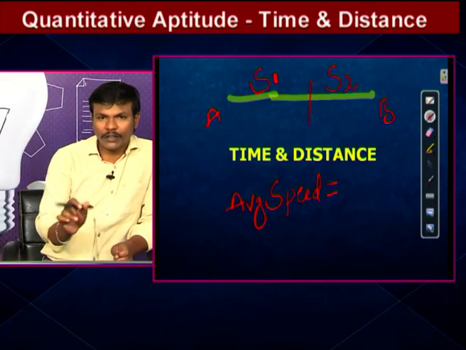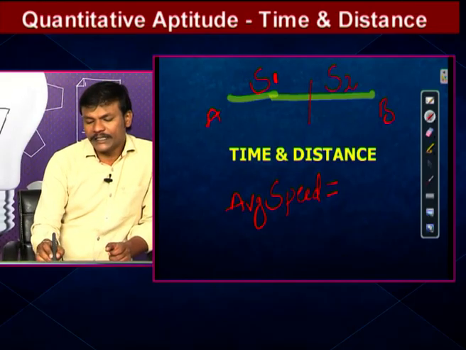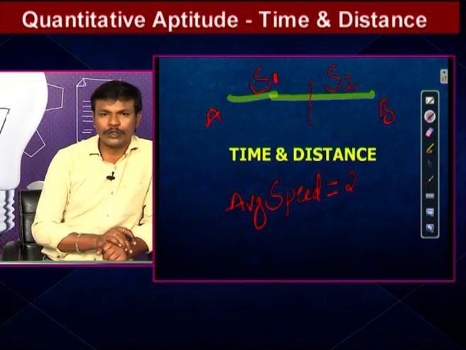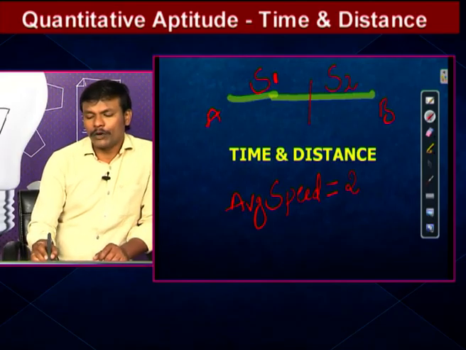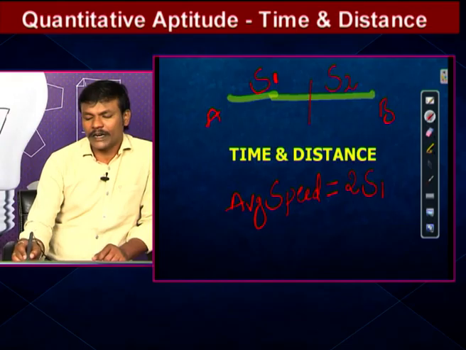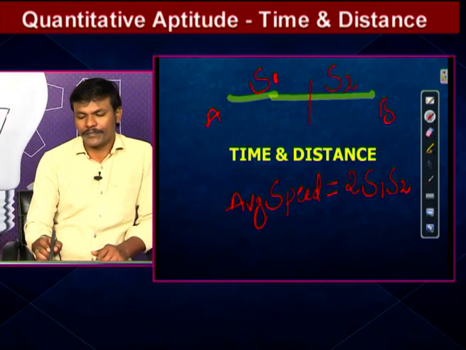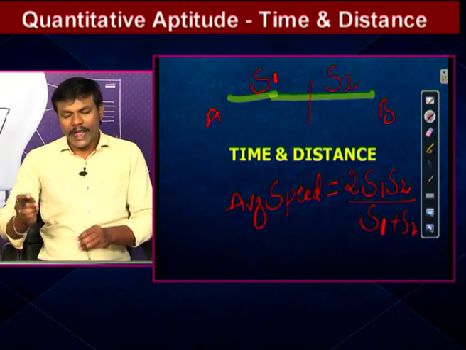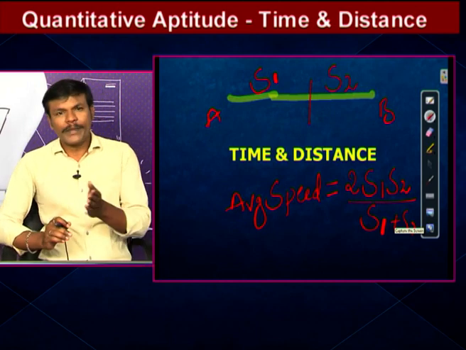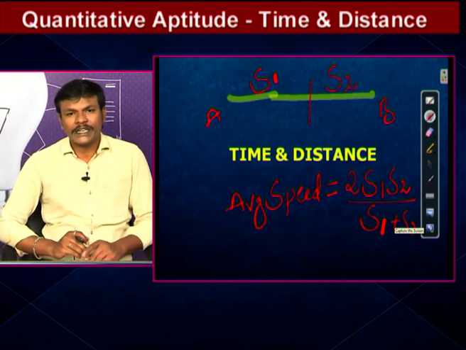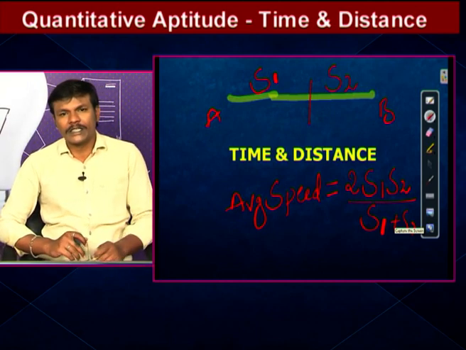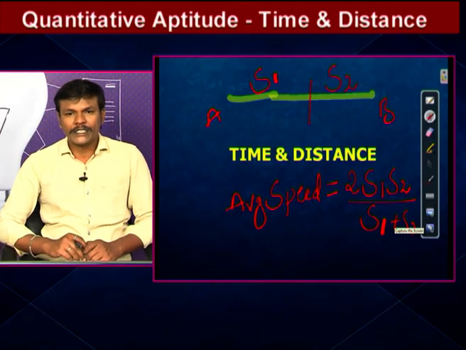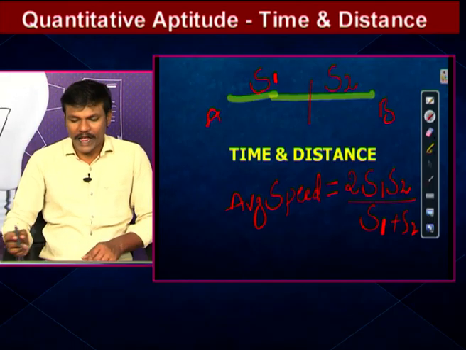When we have two speeds, you multiply both speeds in the numerator, 2 S1 S2, divided by S1 plus S2. So the average speed is equal to 2S1S2 by S1 plus S2. This is the average speed.